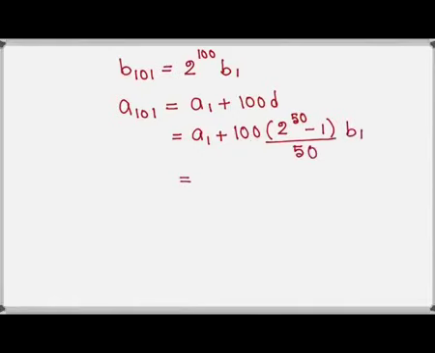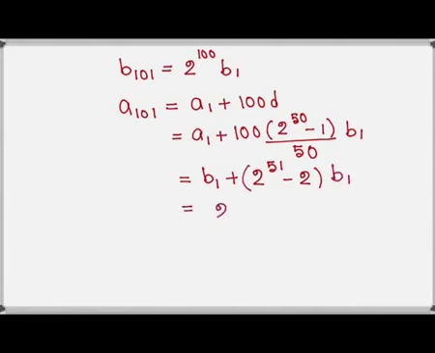Therefore, we have here A101 is equal to B1 plus, we are substituting B1 in place of A1, and this is here 2 to the power 51 minus 2 into B1.